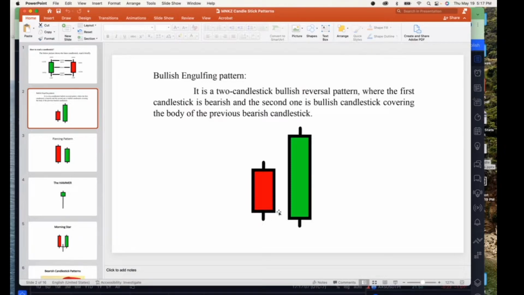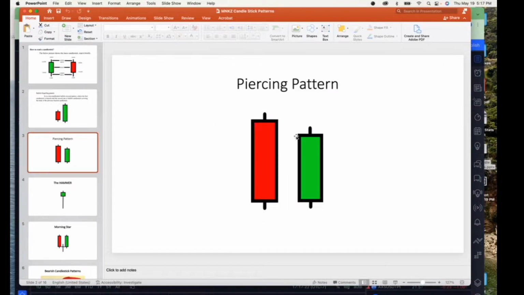It was probably a good support, or they just wanted that coin at that price, and then they started buying like crazy. So this is a good indication of a bullish pattern, though it's not as strong as the bullish engulfing.